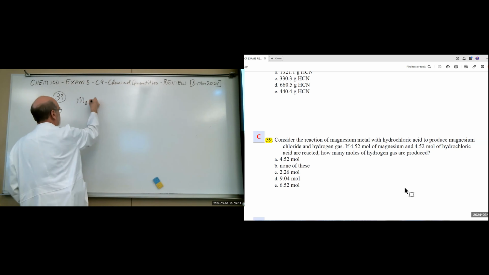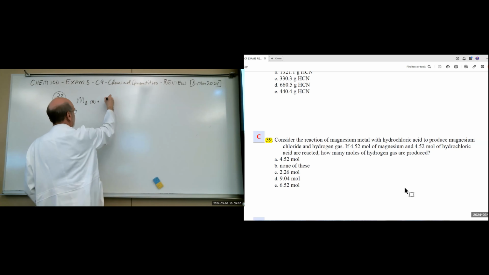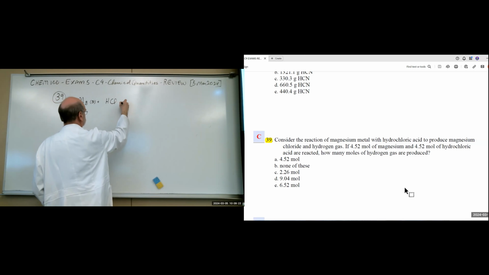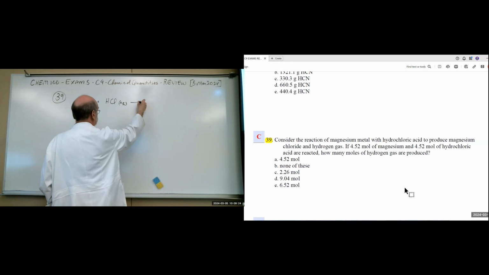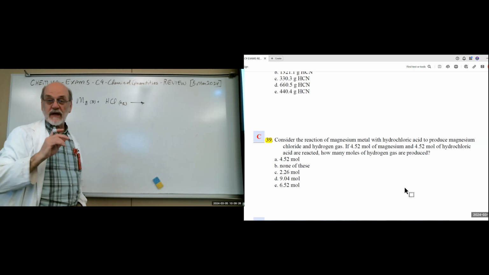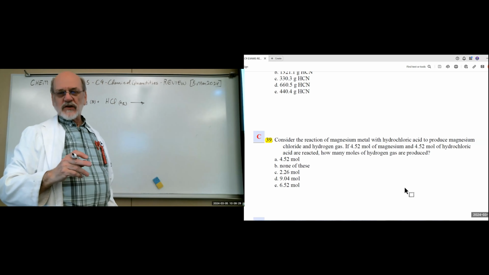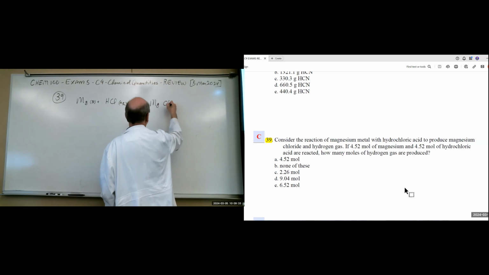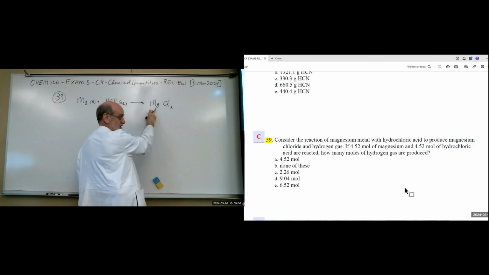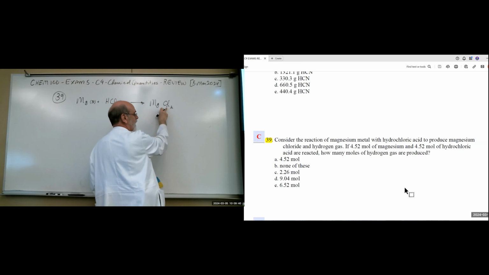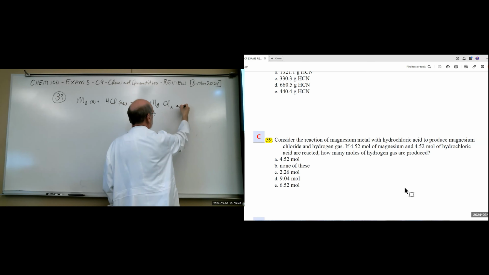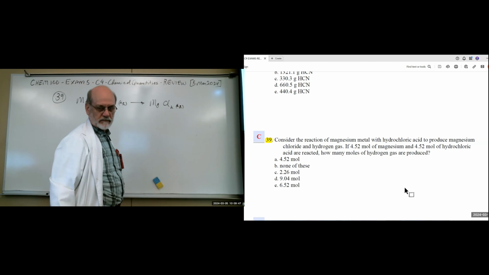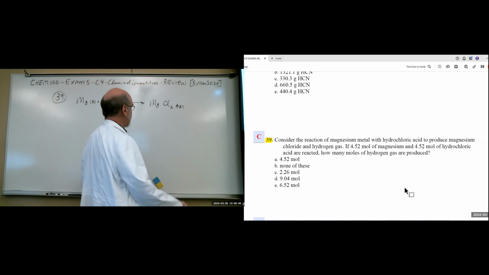Magnesium metal plus hydrochloric acid, right? Has to be an aqueous solution in order to be named an acid, to produce magnesium chloride, right? Alkaline earth, 2+ charge, halogen -1 charge, you need 2 of them. And this should be an aqueous solution also. And hydrogen gas.